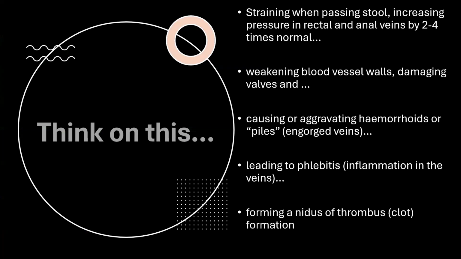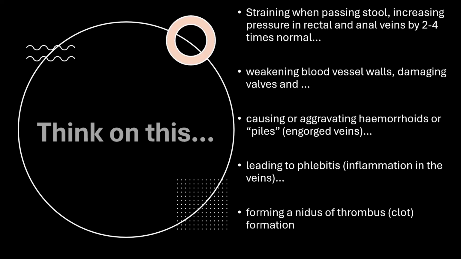Straining when passing stool increases the pressure in the rectal and anal veins by over 2 times the normal. And then weakening of the blood vessels, leading to damaging of the valves within the veins. And this can cause or aggravate hemorrhoids or piles, which are actually engorged veins.